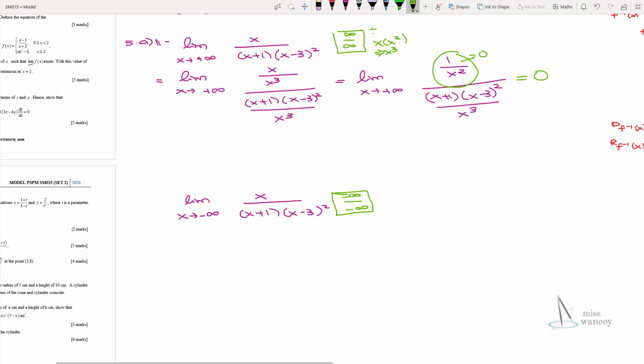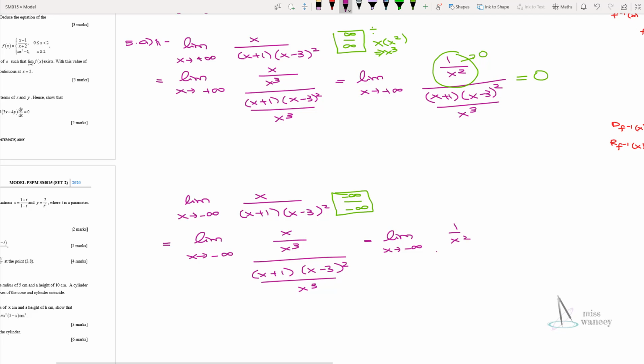Okay, so the same thing will happen when x approaches negative infinity. So I'm going to divide by x cubed, so x over x cubed over (x plus 1)(x minus 3) squared over x cubed. So this is the limit as x approaches negative infinity, 1 over x squared over (x plus 1)(x minus 3) squared over x cubed.